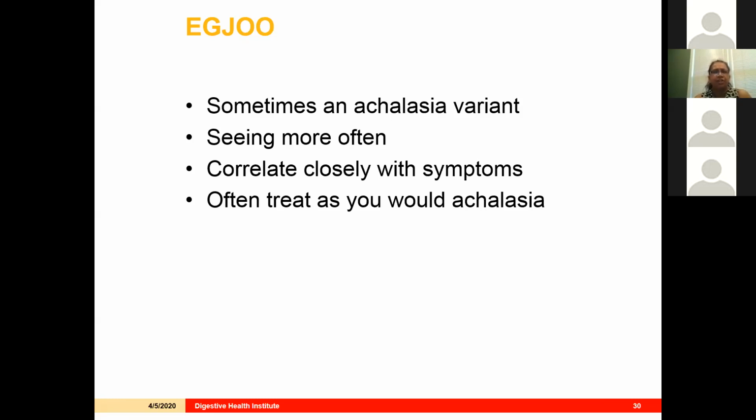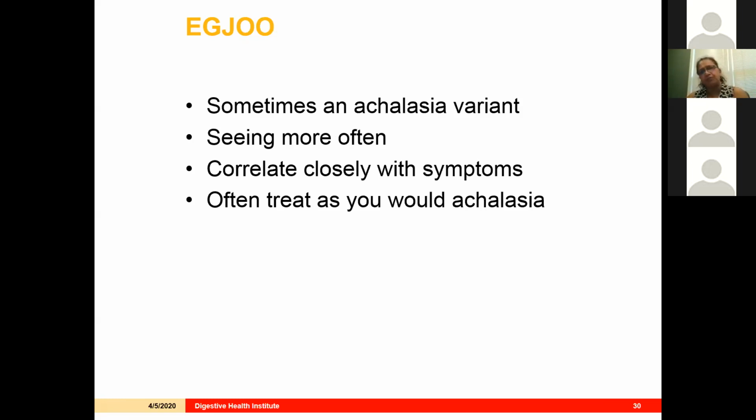And so, these also often fall into that achalasia variant place. I'm seeing it more and more in my practice, and we're actually just doing a review of how these patients have been managed, because you try to correlate them closely with the patient's symptoms.